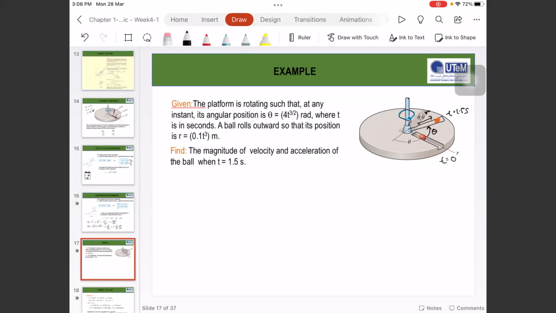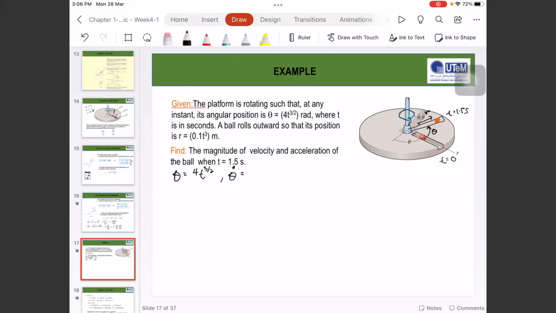So soalan ni paling senang kalau you boleh disenaraikan dulu all the theta and R. So theta is equals to 4t^(3/2), theta dot is berapa tu?